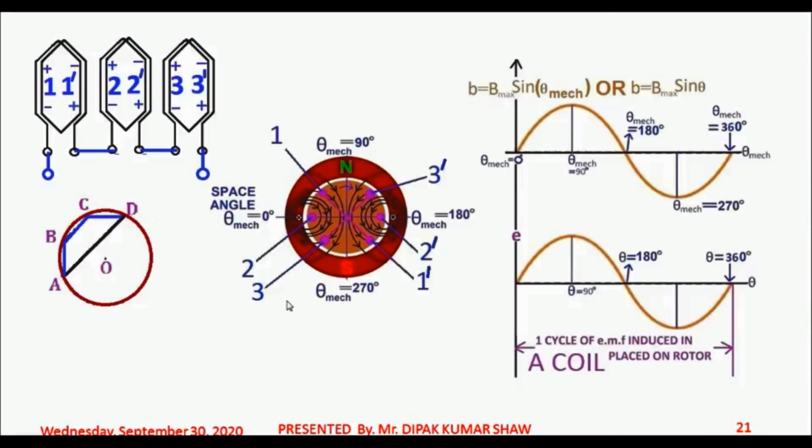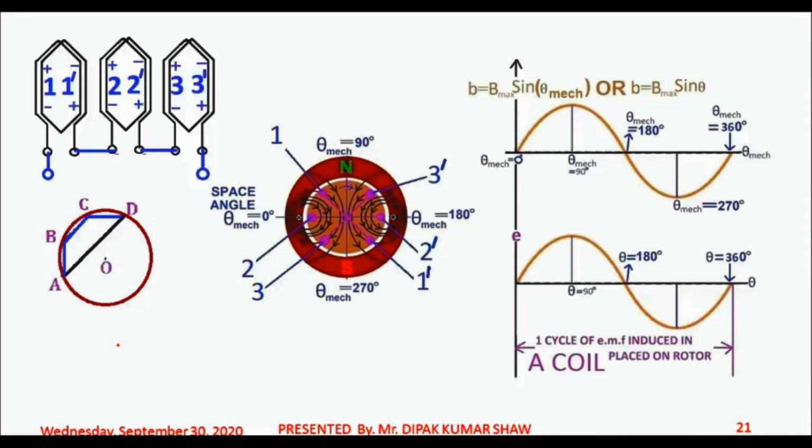So the positive peaks of coil 11 dash, 22 dash, 33 dash are not happening at the same time, rather they are separated in time or separated by an angle, which is known as the slot angular pitch gamma. This slot angular pitch gamma can also be thought of as the time taken by the rotor to move by gamma degree.